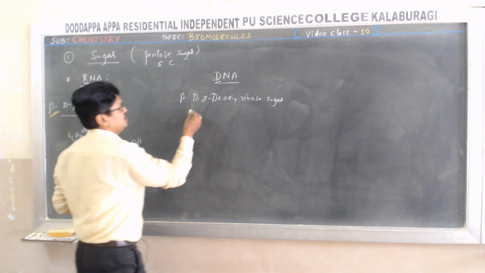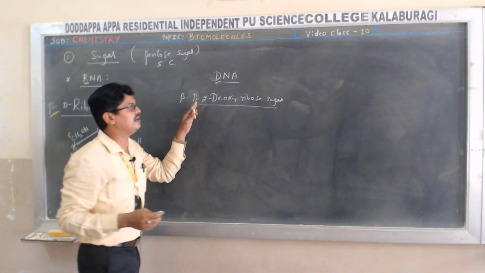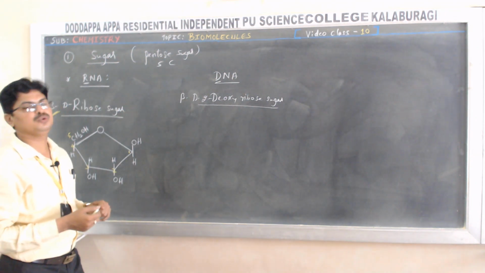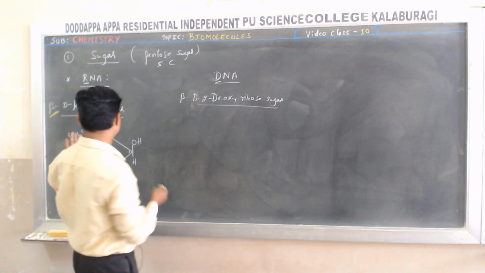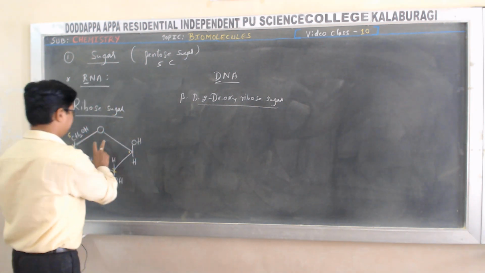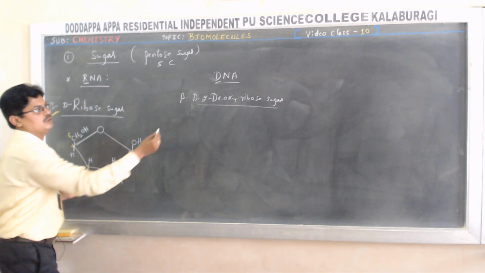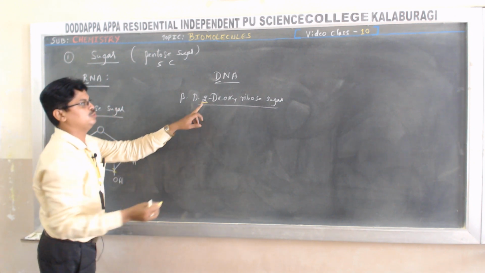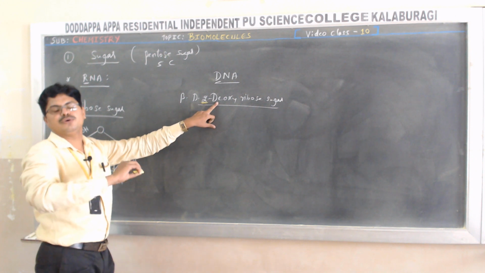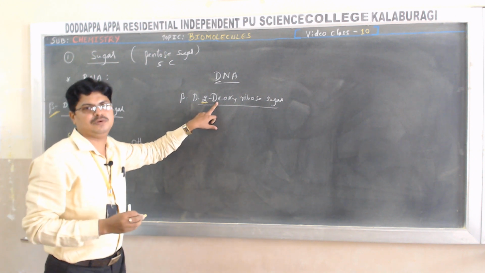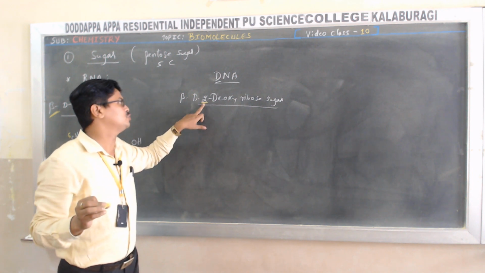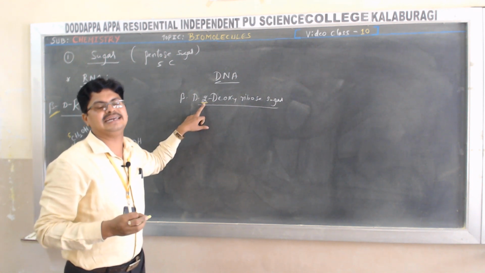Then the structure of beta D 2-deoxyribose sugar. Same structure you write, except 2-deoxy. 2-deoxy means remove one oxygen, or absence of oxygen. Absence of oxygen at which position? Second position, second carbon.